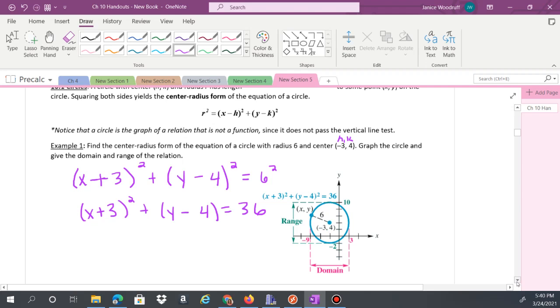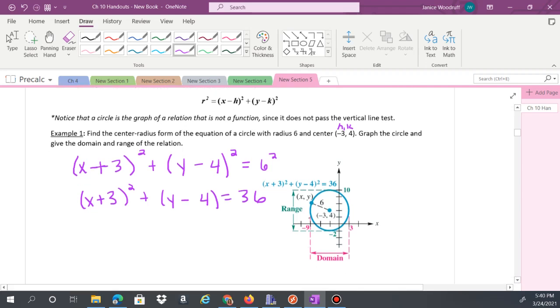You will have to answer some questions about the domain and range. So the domain is just going to be, well, it's given to you on here, but it's going to be the leftmost to the rightmost value here. If you didn't have it already given on here, you would just go, okay, x is -3. So what is the distance of that radius?